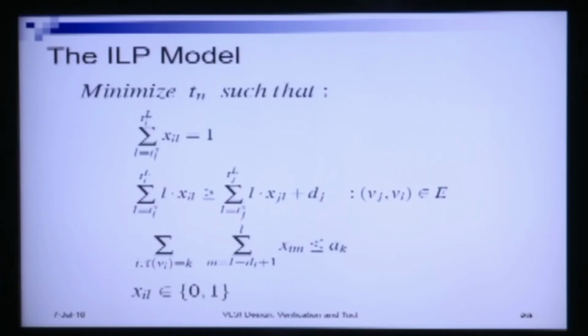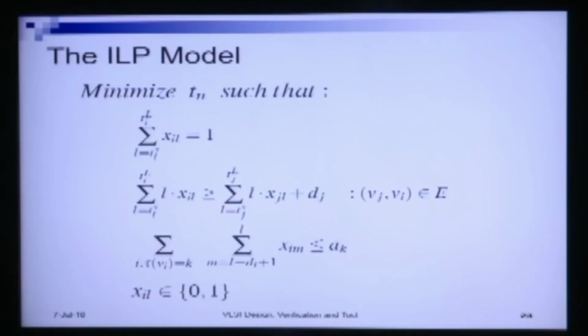Now, given all these constraints, we can now obtain our final ILP formulation. The formulation will first have an objective. Here we have put the objective as to minimize Tn, that is the start time of the sink node or the nth operation.